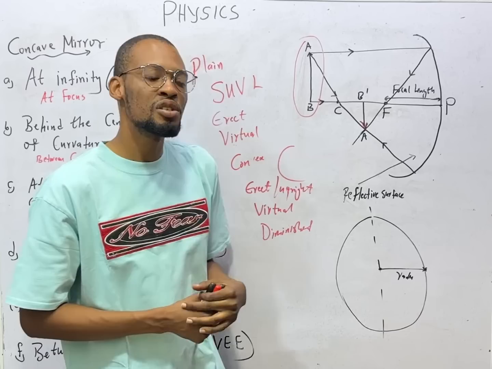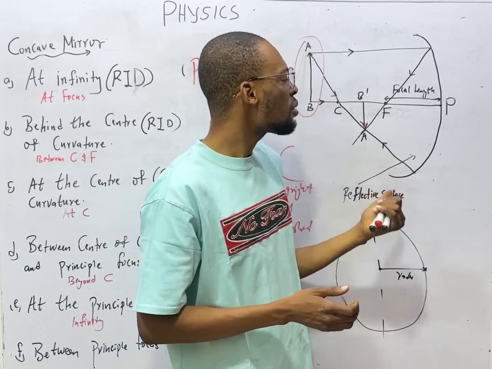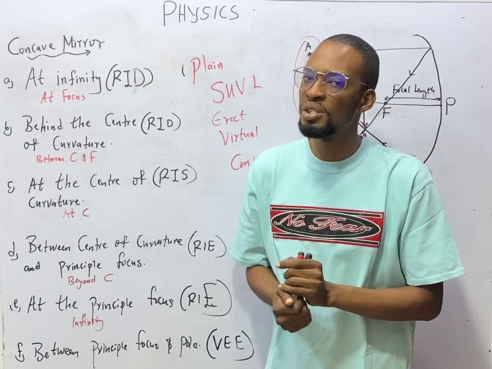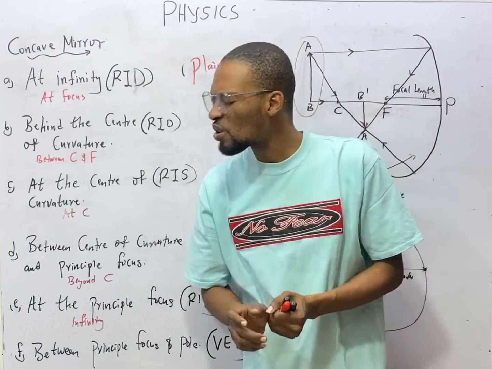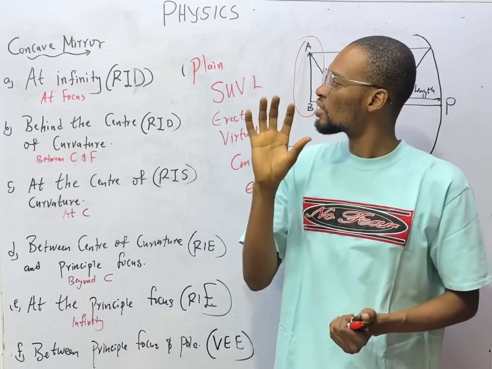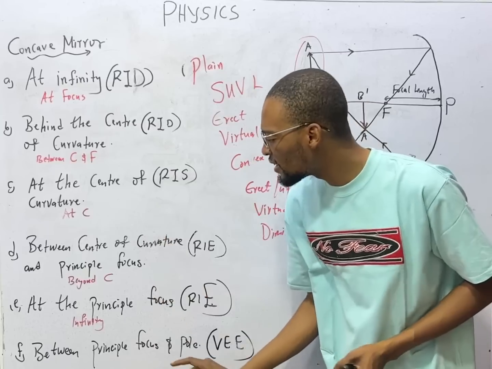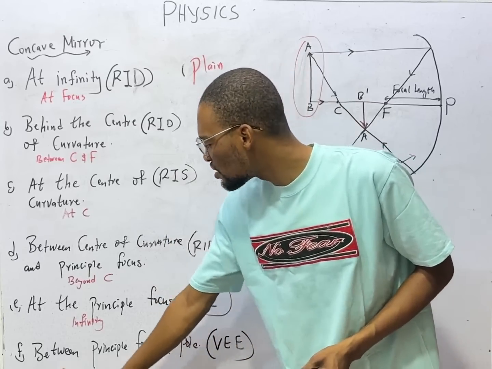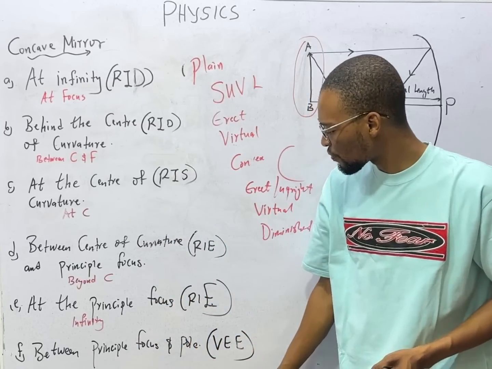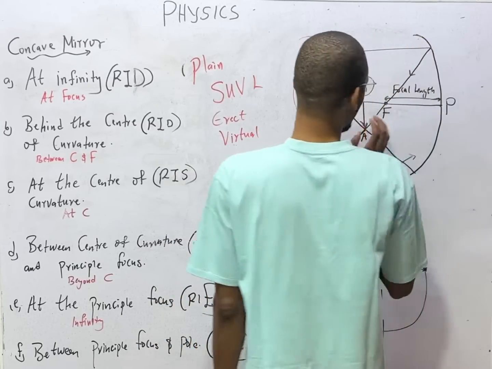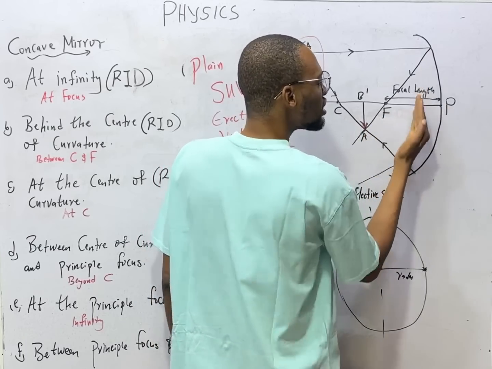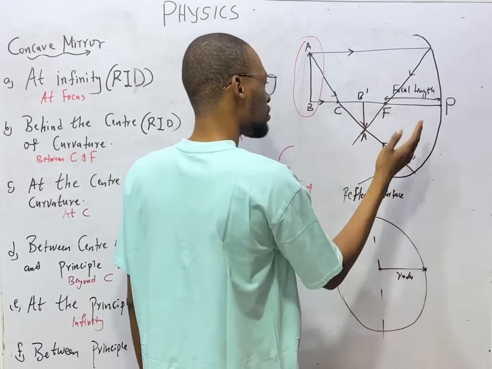And it is a real image. Concave mirrors produce real images most of the time. It is only in one condition that concave mirrors do not produce a real image. And that condition is only when the object is between the principal focus and the pole. If the object is between this focus and the pole, we are putting the object here, the image formed will be virtual.